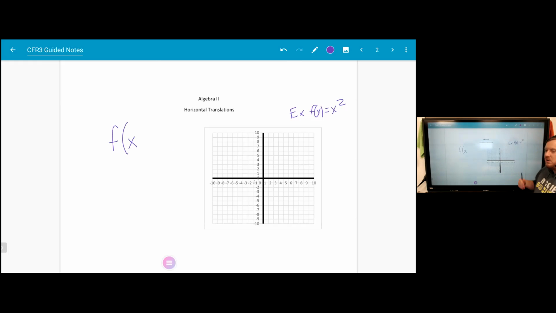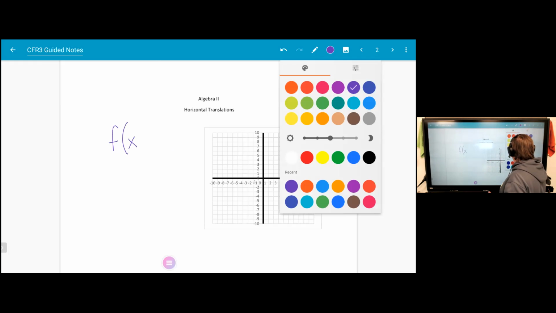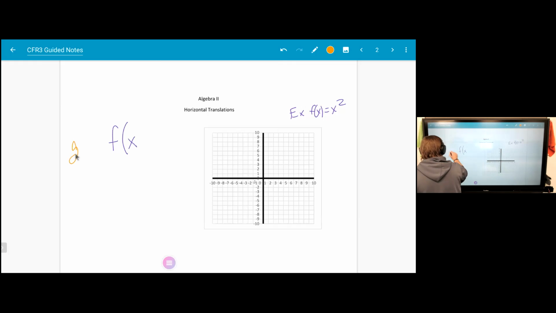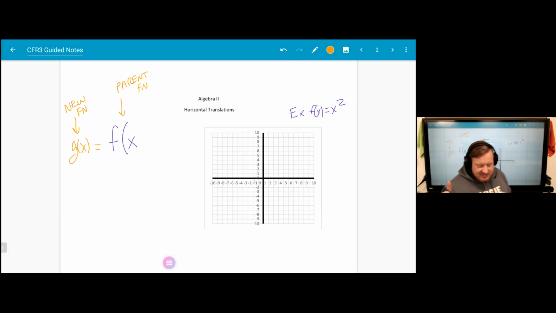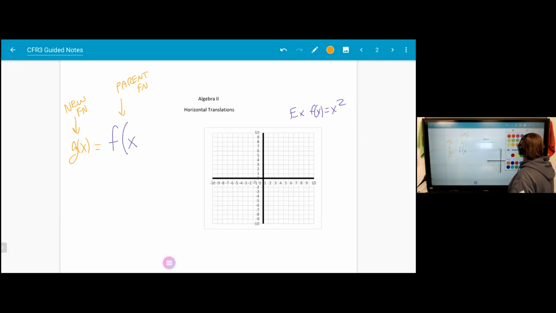And we're going to translate it left to right. How we do this looks like this. My g of x, my new or translated function, comes from my parent function, and mathematically it is written as f of x minus h.